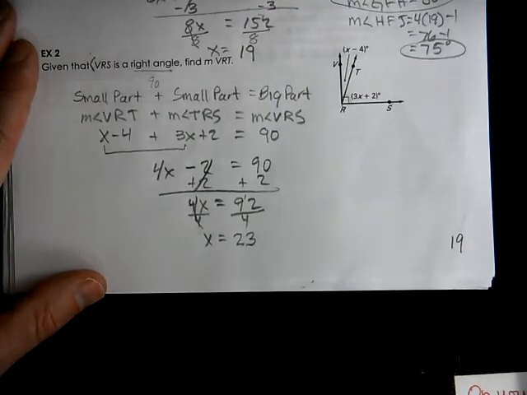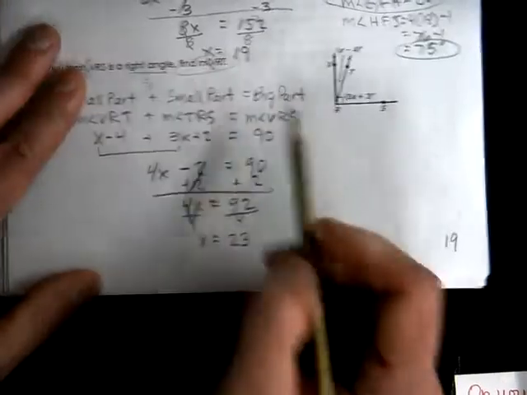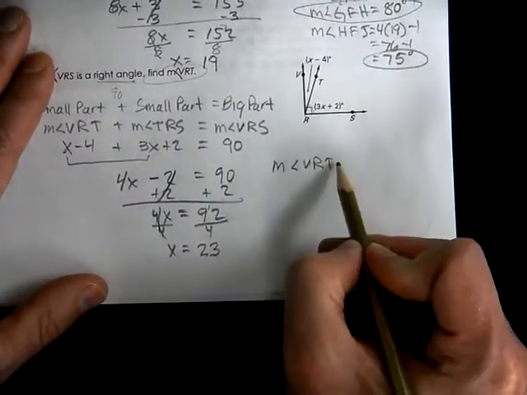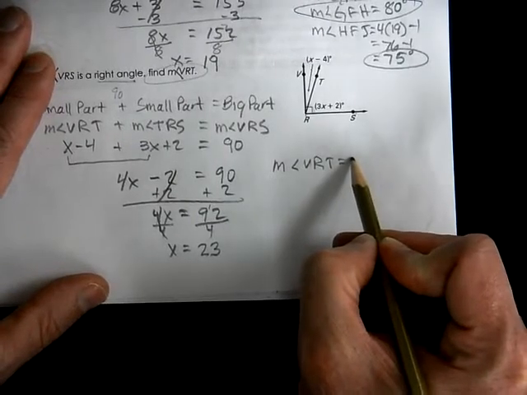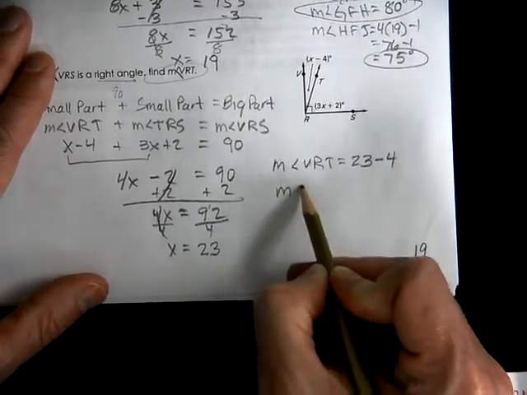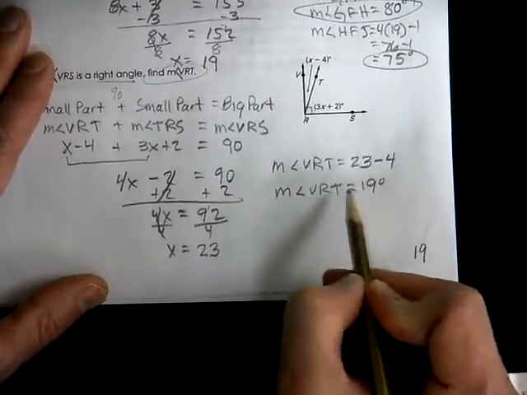You don't have to be calculator dependent. Then it asks us to find the measurement of angle VRT. That was x, which was 23, minus 4, tells us that VRT is 19 degrees.